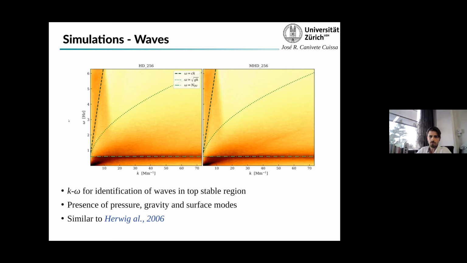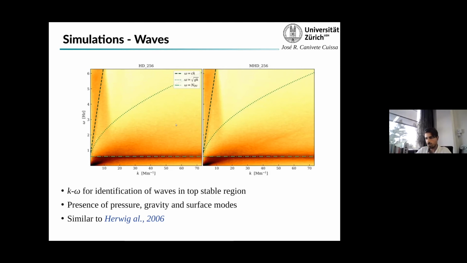We have some signal in this region, which is associated with pressure waves. Here we have a very strong ridge in signal, which is associated with gravity waves. And we have also some signal in this middle region here, which is associated with surface modes.